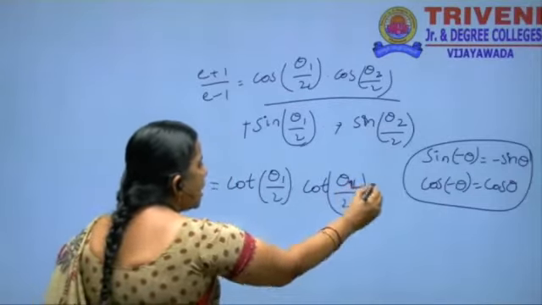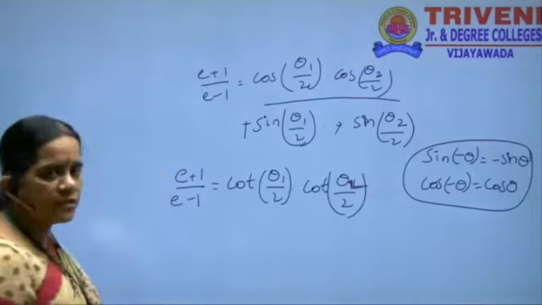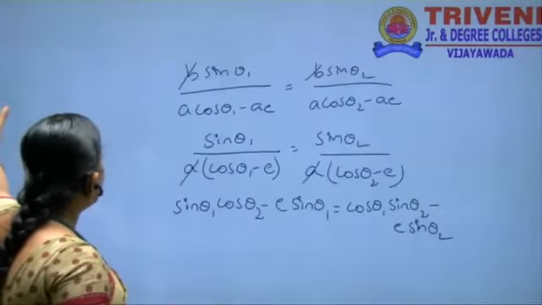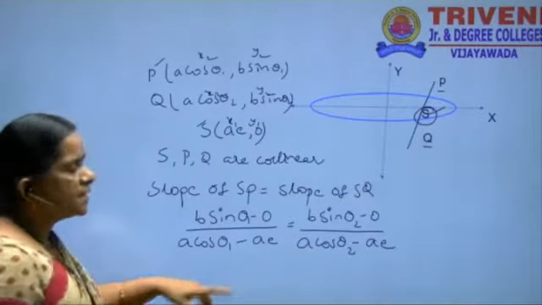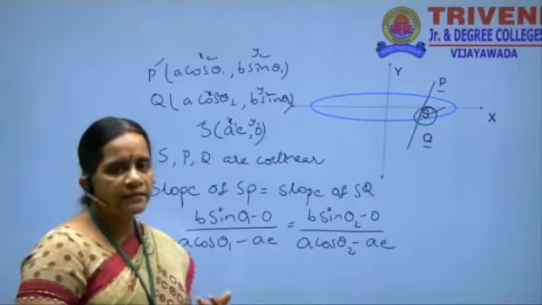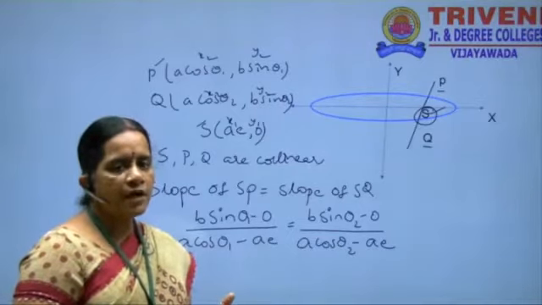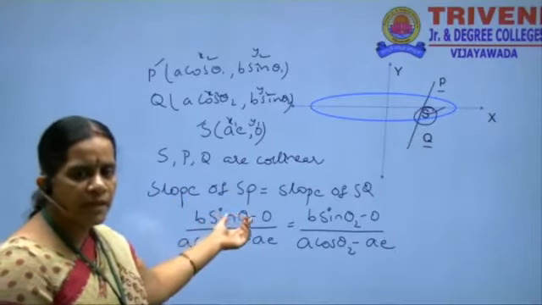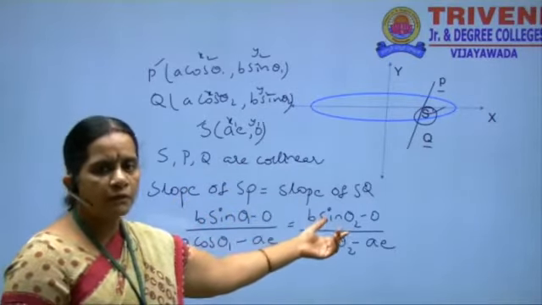We have to find how many formulas we have to use in this problem. First, S, P, Q are collinear, that is, three points are on the same line. Then the slopes are equal, that is, they are collinear. Slope of SP is equal to slope of SQ.